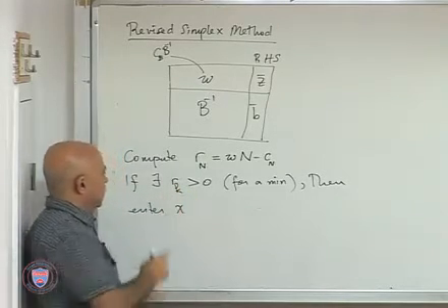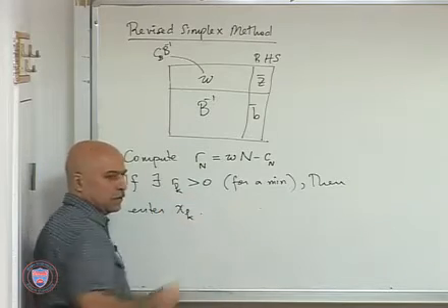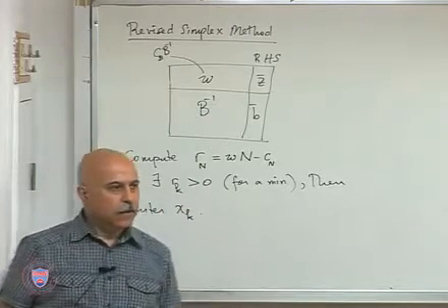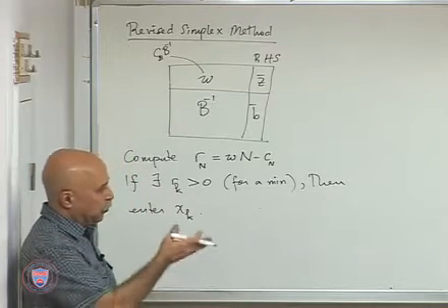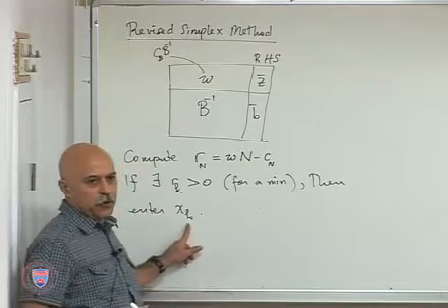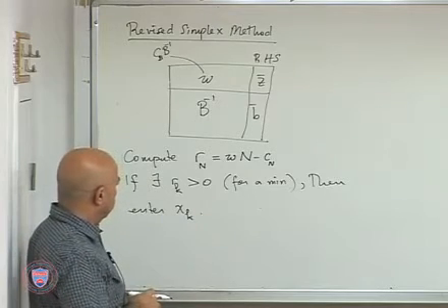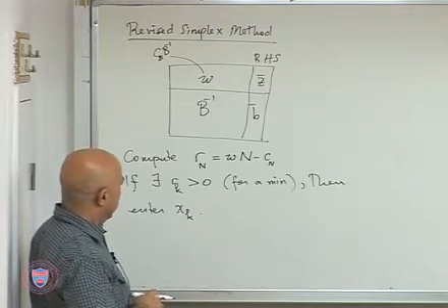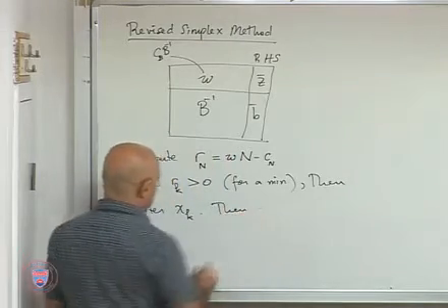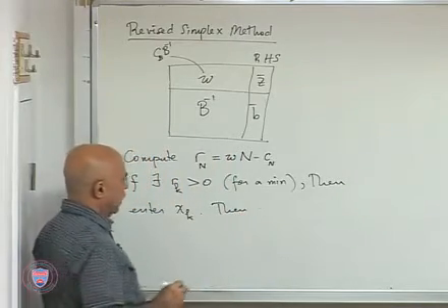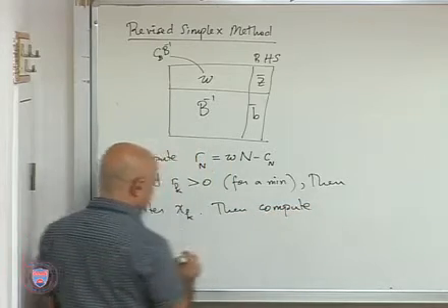If there is a reduced cost which is positive, then enter the variable xk. If you go with Bland's rule, for example, this is the smallest indexed one that you have positive. All right.